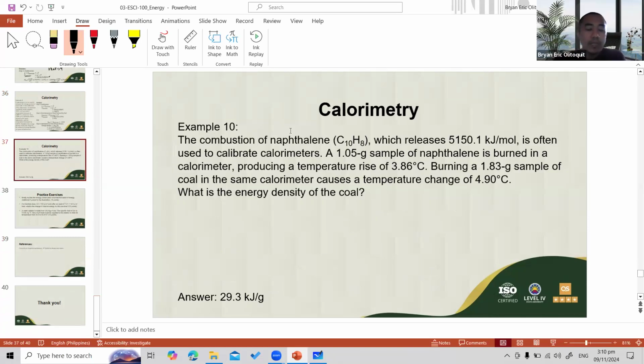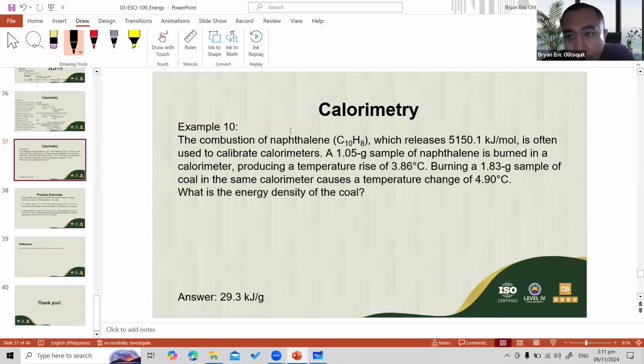Next, the combustion of naphthalene, C10H8, which releases 5,150.1 kilojoule per mole, is often used to calibrate calorimeters. A 1.05 gram sample of naphthalene is burned in a calorimeter, producing a temperature rise of 3.86 degrees Celsius. Burning a 1.83 gram sample of coal in the same calorimeter causes a temperature change of 4.9 degrees Celsius. We are asked what is the energy density of the coal.